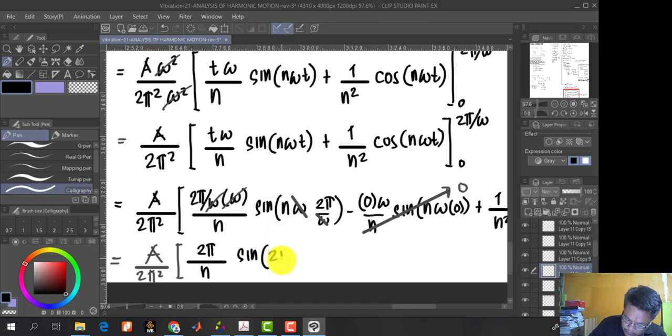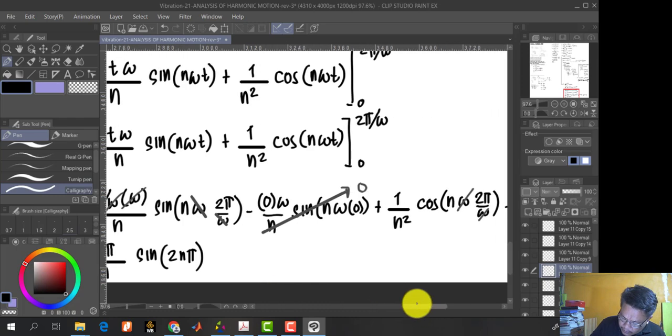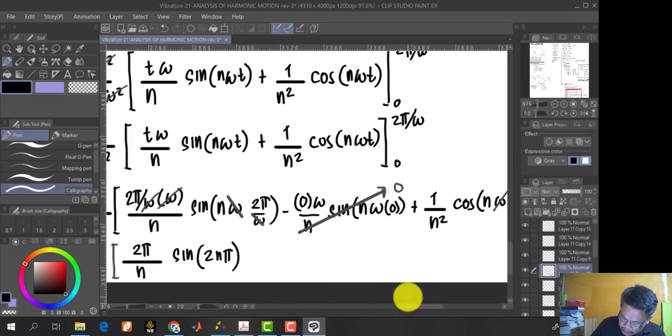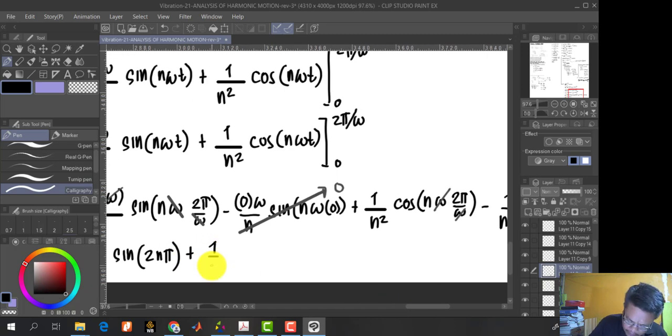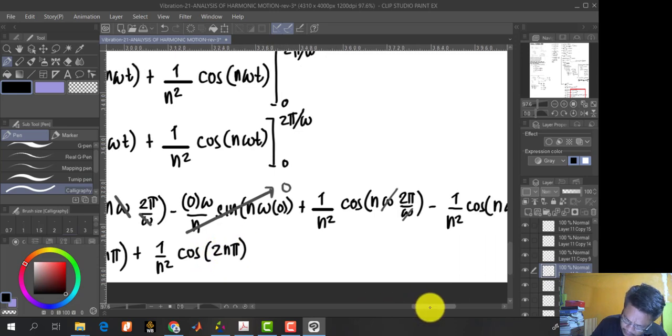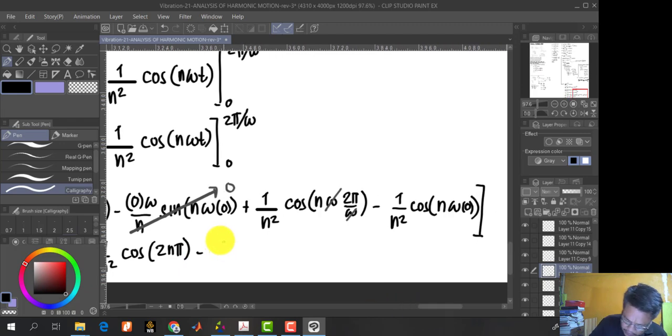of 2n pi, right? And this will be 0 already, so we have your plus here. This will be 1 over your n squared, and this one is cosine of 2n pi, and this one will be minus 1 over your n squared.